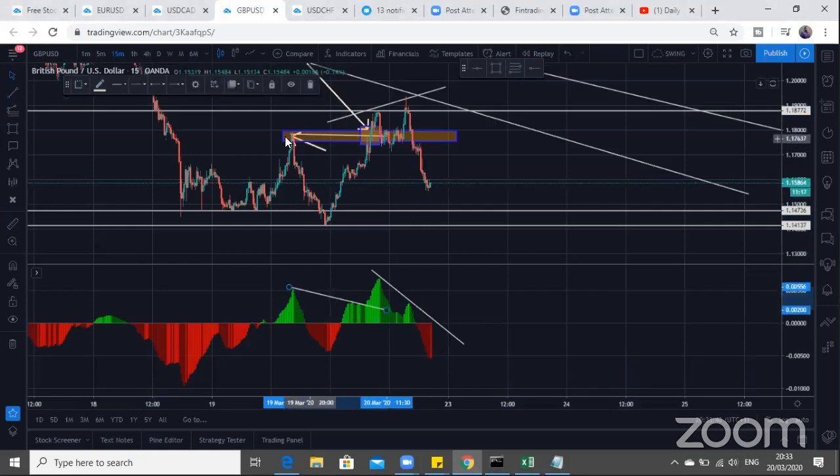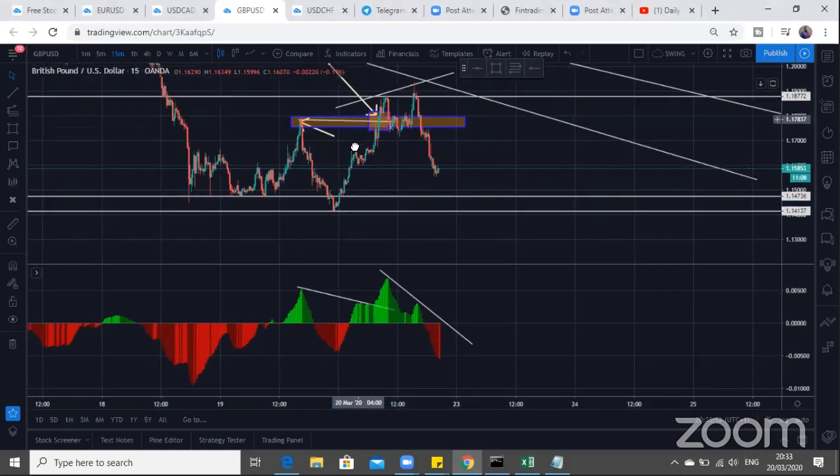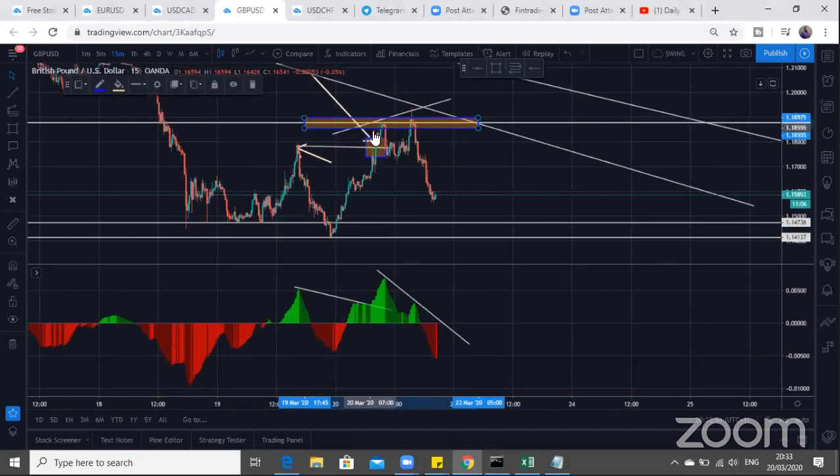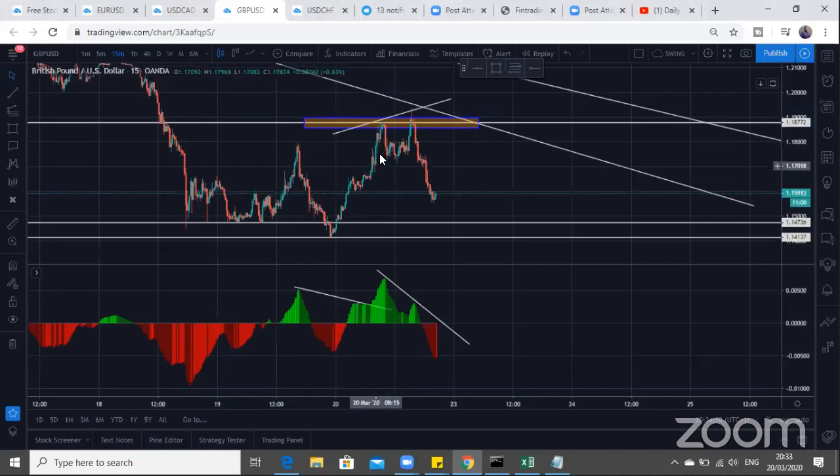You can see there is no divergence. But the second part, which is the second one at the top, so let's remove this one. The second one gave a resistance.